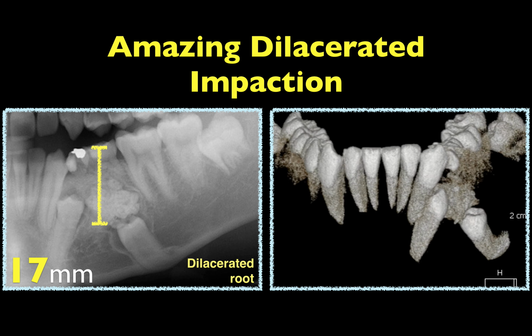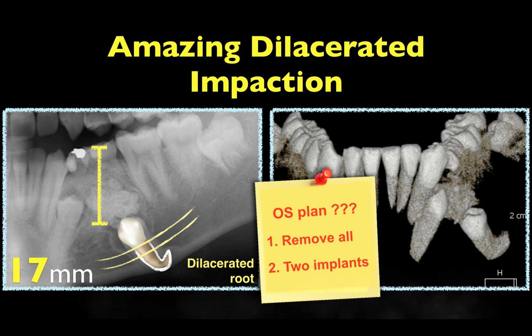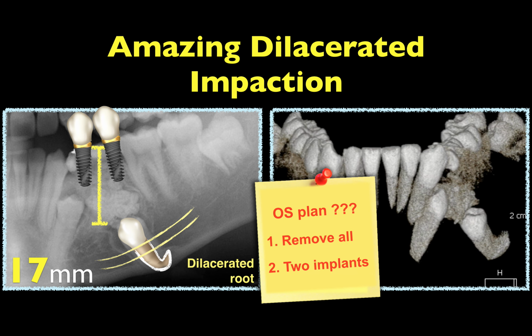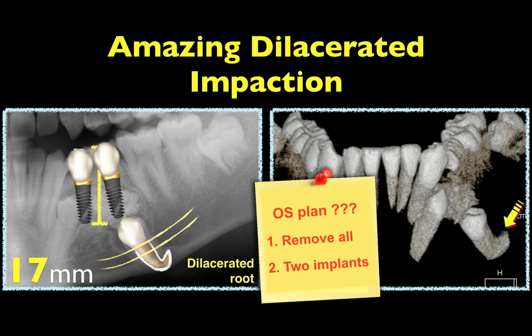Number 3, it's difficult to design a reliable anchorage. So what his oral surgeon suggests is to remove all and put two implants, but let me remind you, if you do so, you might run into a risk. Not only might you tear the nerve, but you might also break the entire mandible.